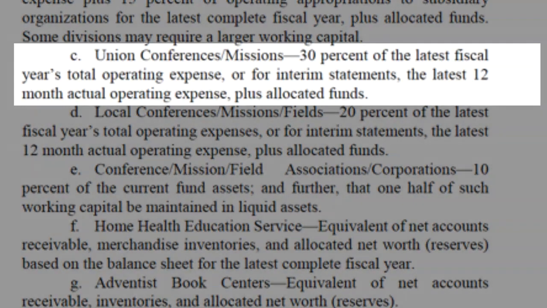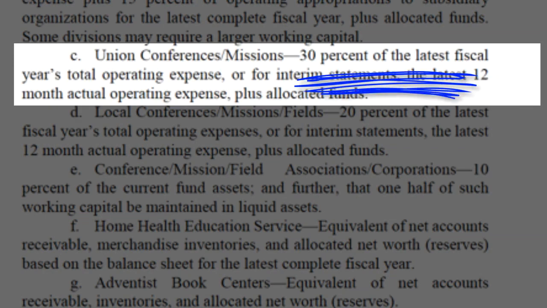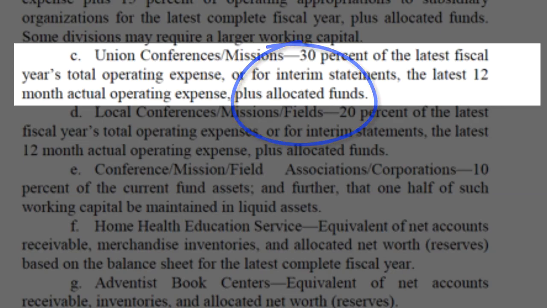The union needs to keep 30% of its latest fiscal year's operating expenses, or for interim statements, the latest 12 months operating expenses. That's sort of policy gobbledygook. If they just said the last 12 months actual operating expenses, it would be the same difference. But in any case, the union has to keep 30% plus its allocated funds.